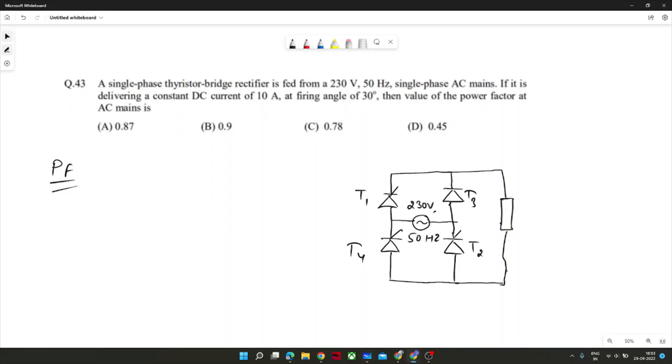Okay, so power factor is what, in terms of how the current waveform is lagging from the voltage waveform, right? But generally in a power electronic circuit, there are so many components of current. One is the fundamental, on which we rely, which can give us the active power in majority.